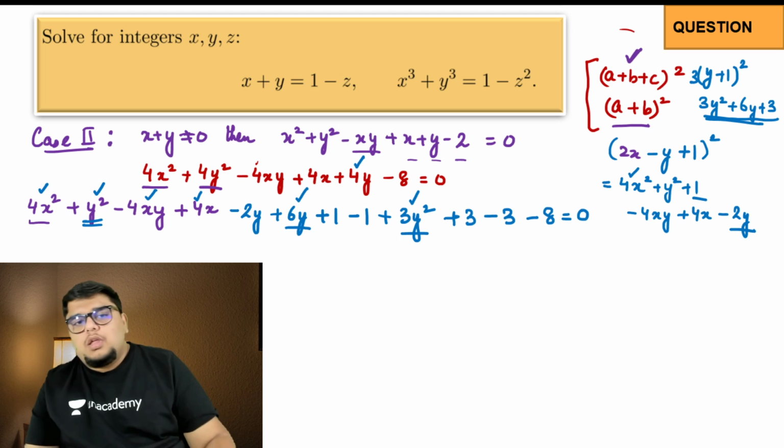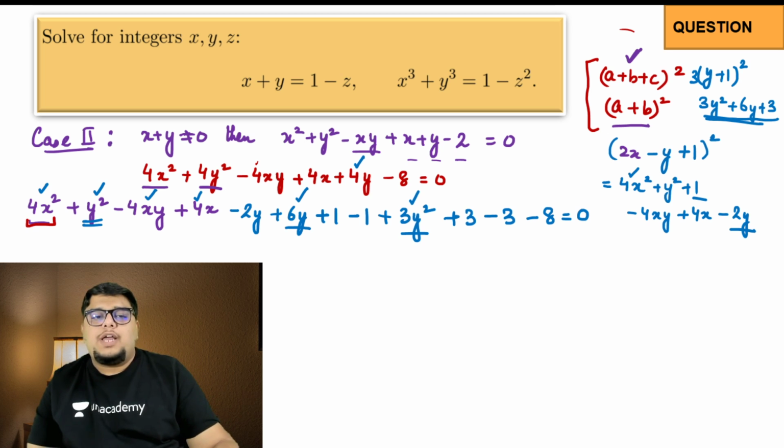Okay. So once I have this, I'm going to take my 4x square, y square minus 4xy plus 4x minus 2y, right? And plus 1.